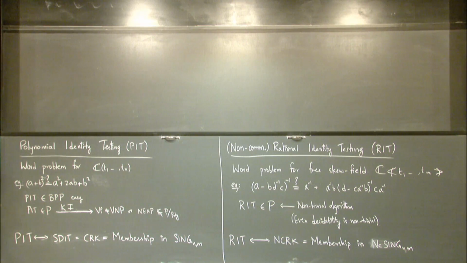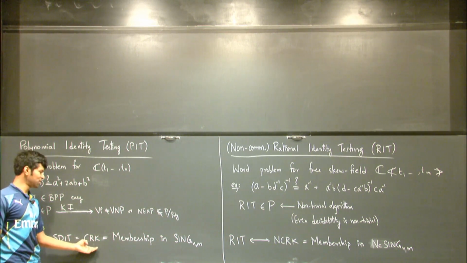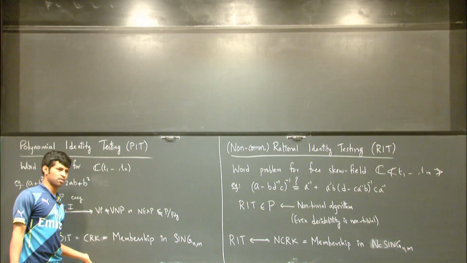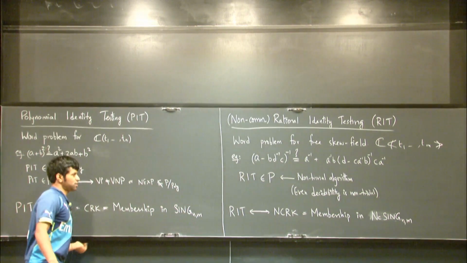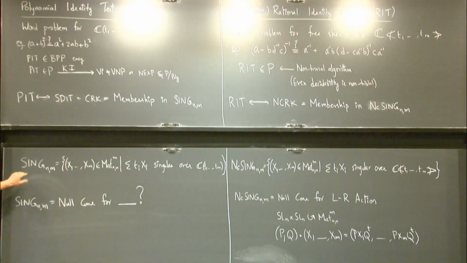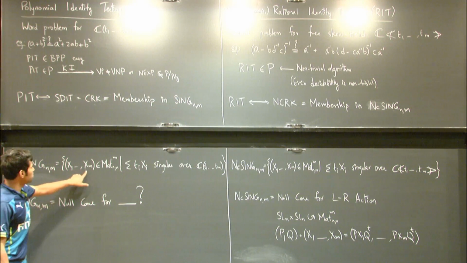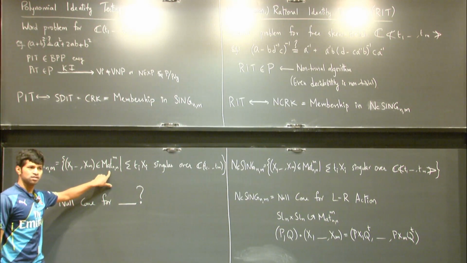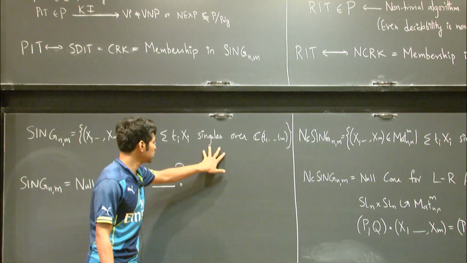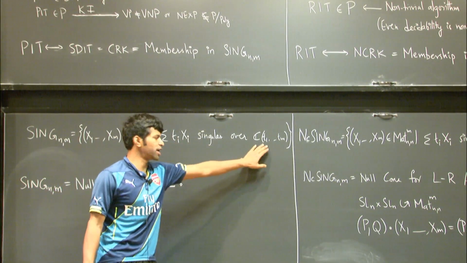Okay, so this problem of polynomial identity testing, you can reformulate it as symbolic determinant identity testing, which I'm also going to just call commutative rank, which is going to be membership in a certain subvariety. Okay, and that subvariety, I've written it out for you. It's m tuples of n by n matrices such that the formal linear combination is singular when considered as a matrix with entries in this function field.